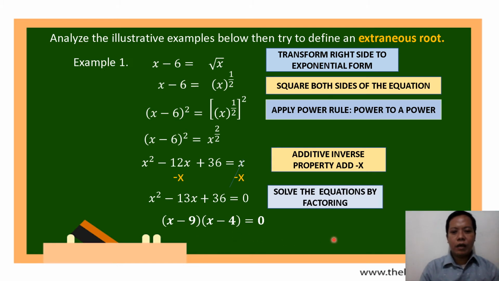Finding the solutions, we have two solutions. Our first root is equal to 9 and the second root is equal to 4. So that's how to do it. That's all, and let's proceed to the next part.